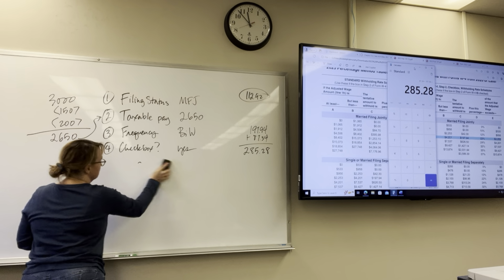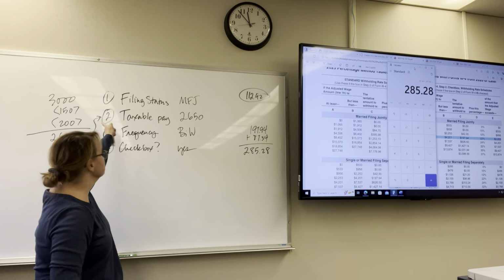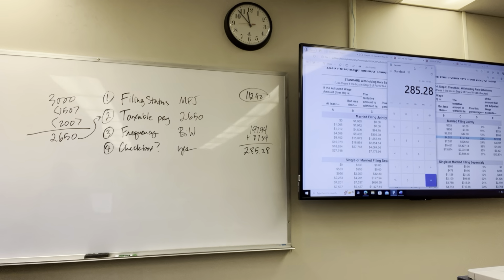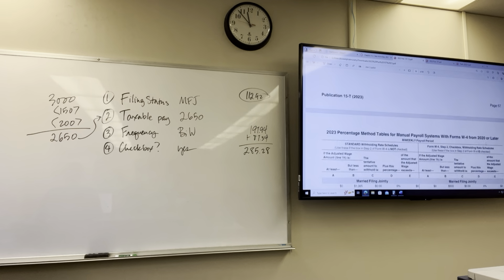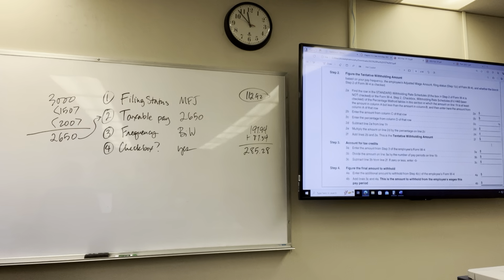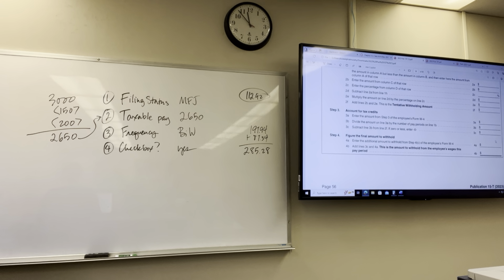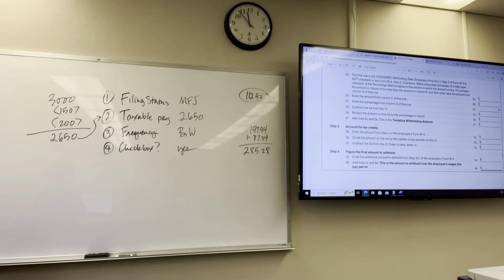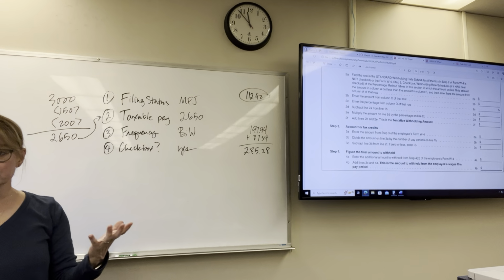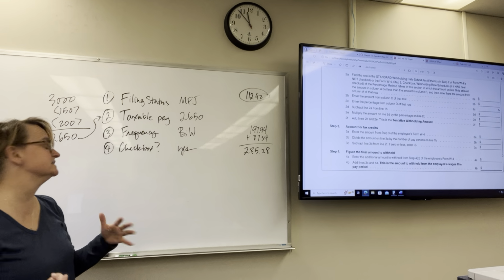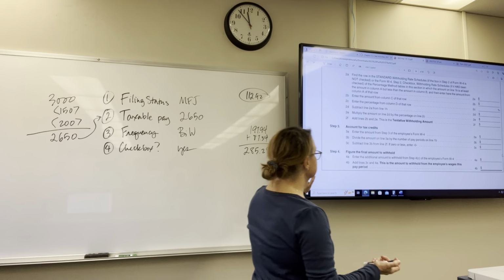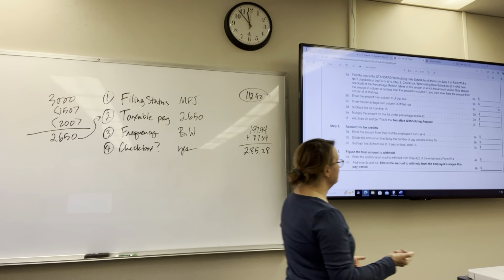Now, once again, we've got to take into account those dependents that she has. So you can use this sheet, which is essentially the same calculations that we used for the wage bracket method.